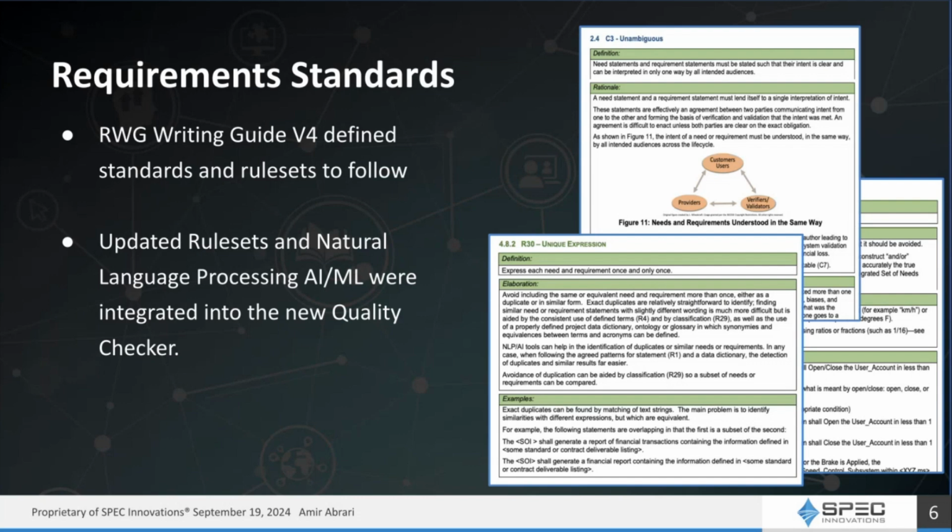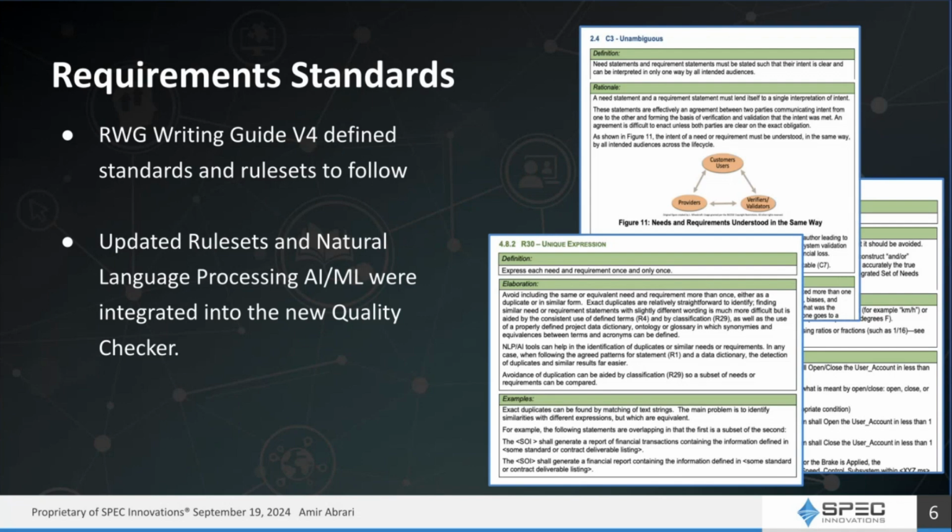Our quality checker assesses each requirement as a string and is able to match these words and use natural language processing to define the rules and give them a quality score, many of which we're going to go over later in this presentation. It is important to mention that these rules had different definitions and different situations where they can be applied.